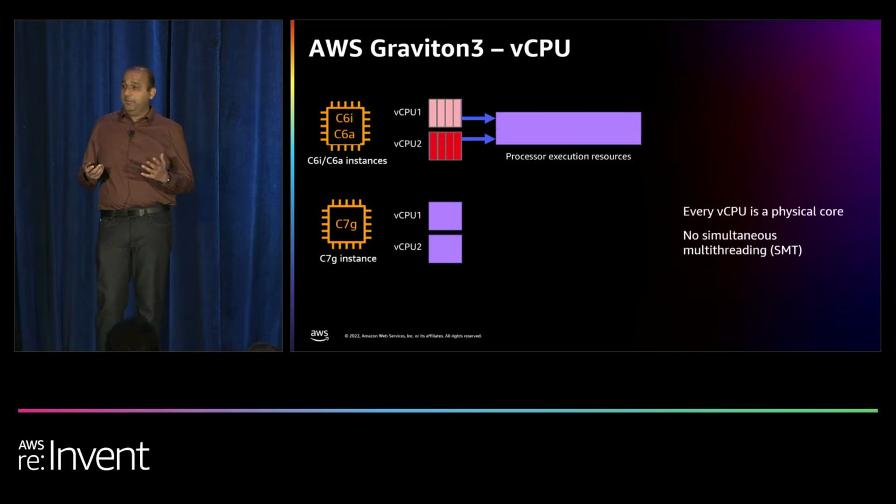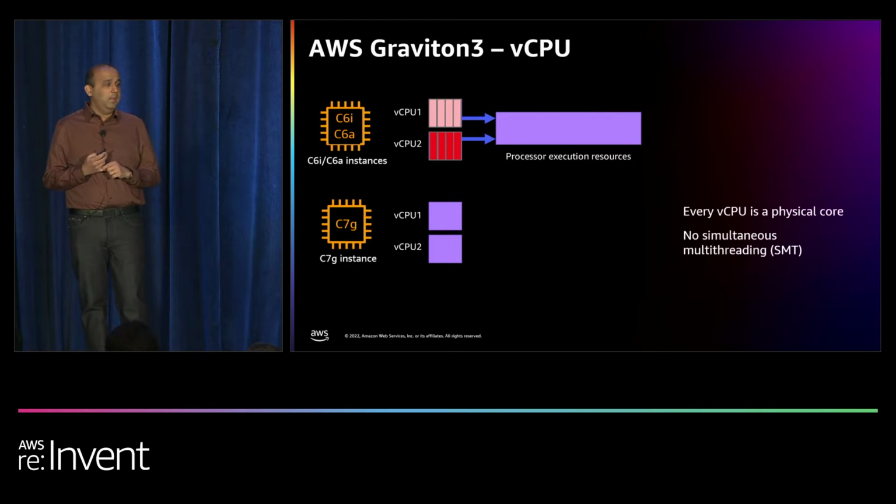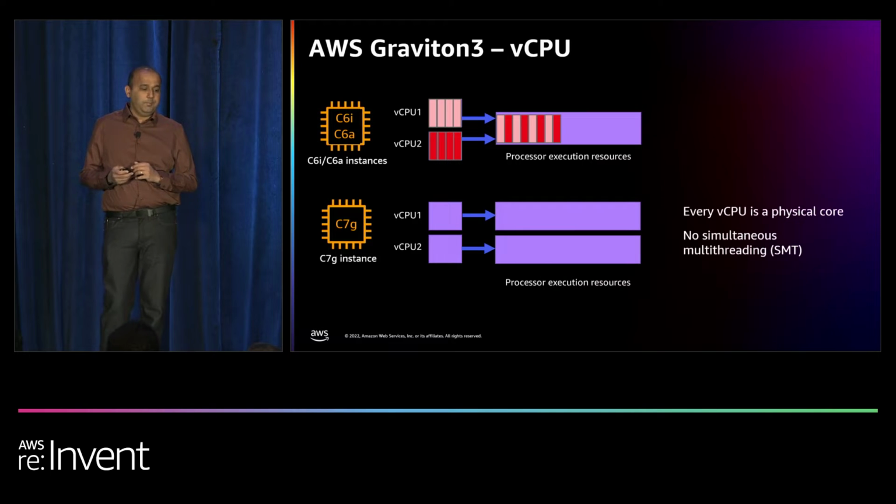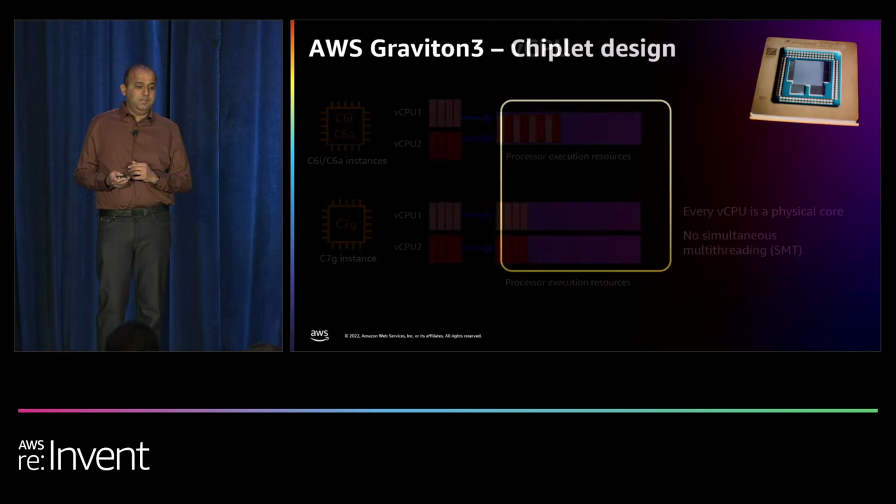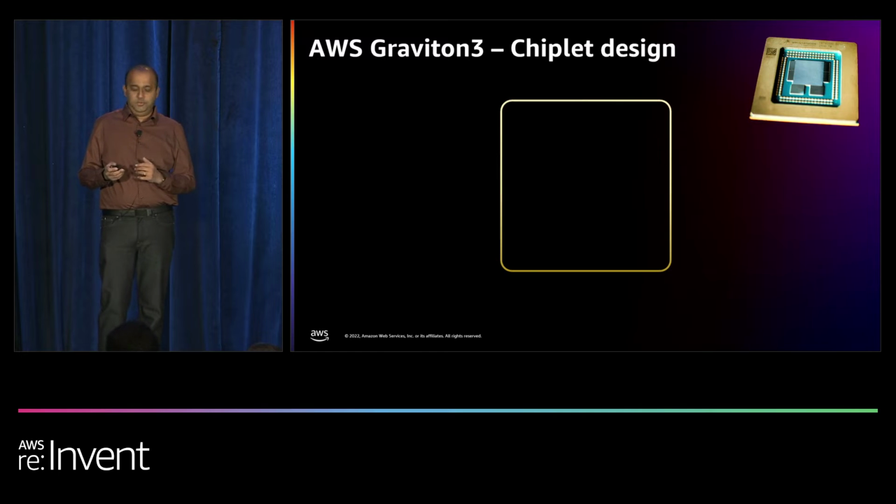This is sometimes good if you're trying to fill holes in your execution, but other times it may end up delaying execution. With Graviton and C7g instance, what you find is that every vCPU is a full physical core, and that really helps with no contention in resources across cores or caches.